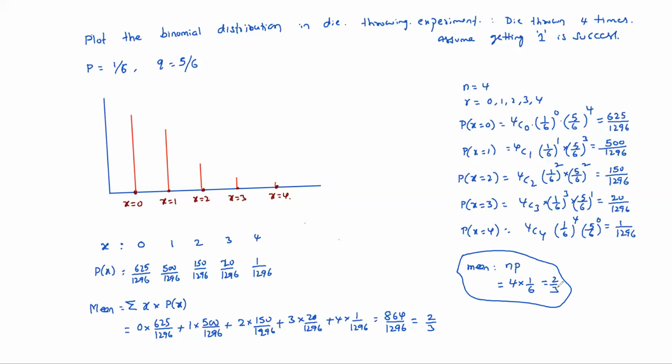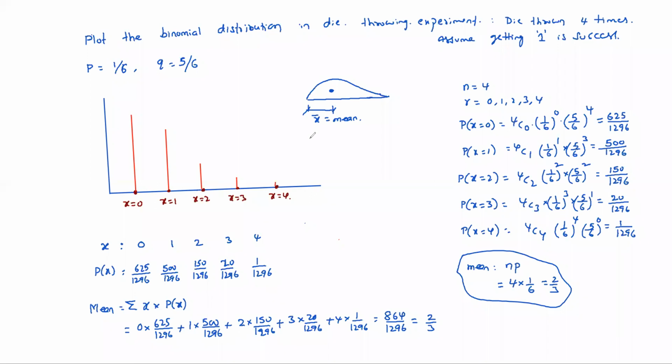Mean value can be understood as the centroid of the distribution. Suppose a continuous distribution is there like this, something like this. Then what is the centroid of the shape? That is the mean value, x bar.